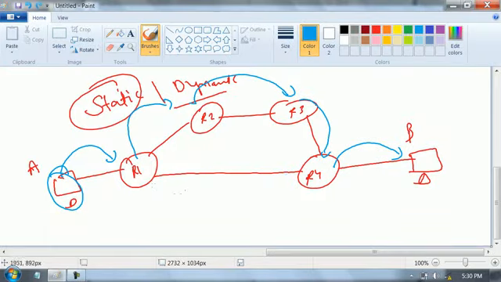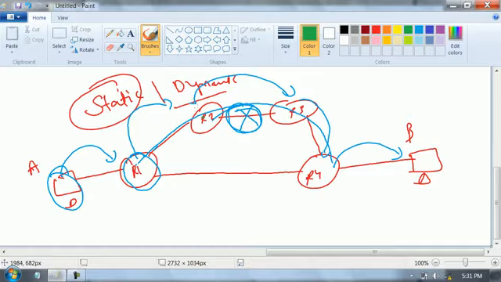If I define the path like this, fine, agree, and if this link goes down, R1 will never get to know that this link is not working. This thing is clear? R1 will always send traffic to R2, and R2 will drop the traffic because the link between R2 and R3 is not working.